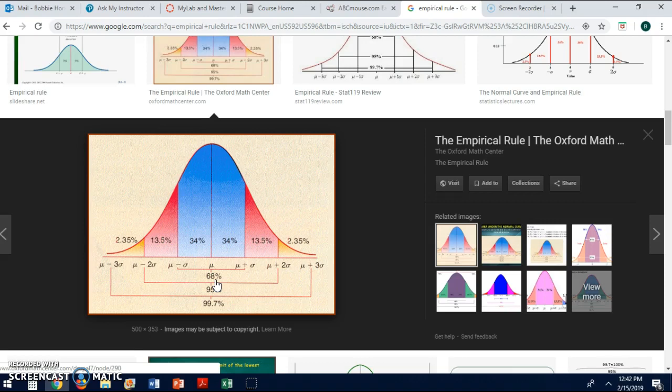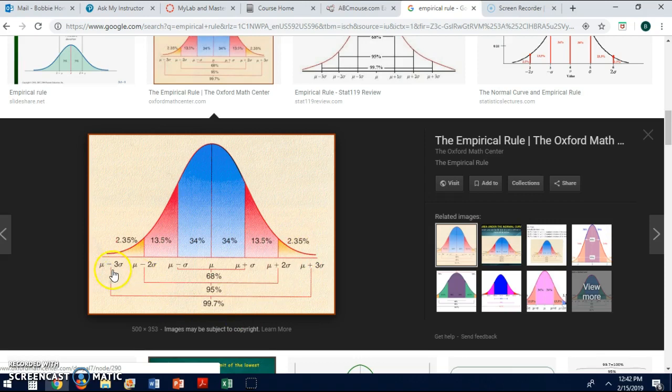Once you multiply your standard deviation, to get your upper limit, you're going to add it to the mean. So you take 3 times the standard deviation and add it to the mean, and that's your upper limit.